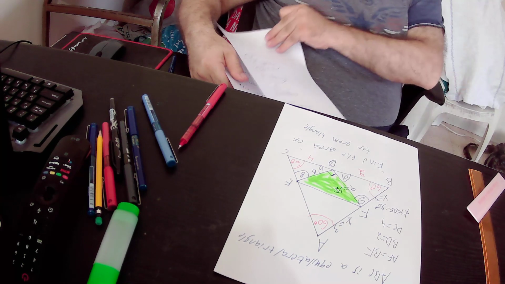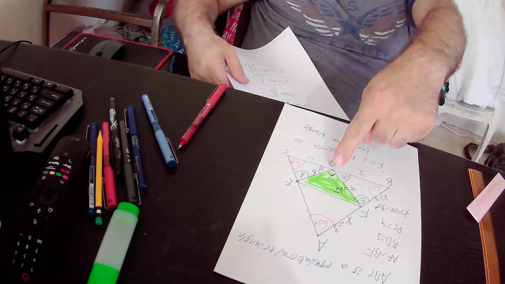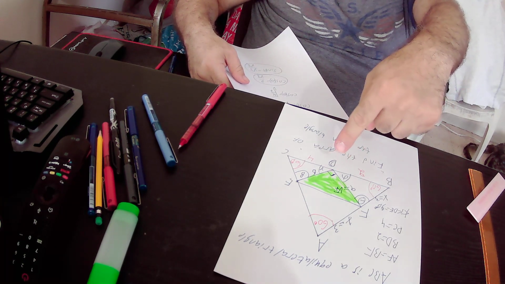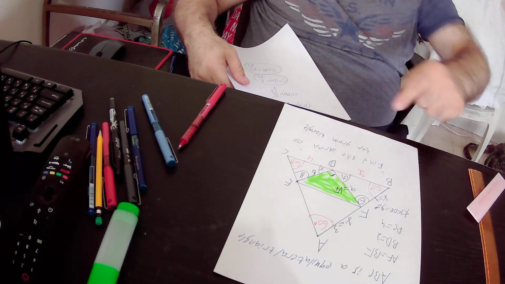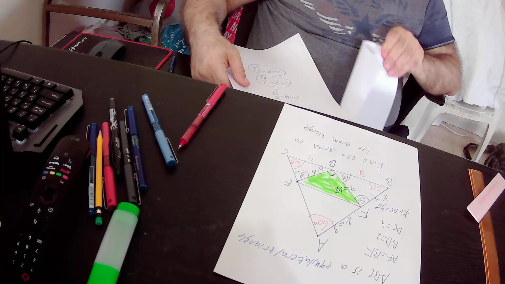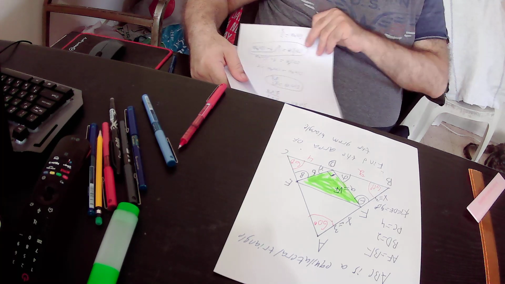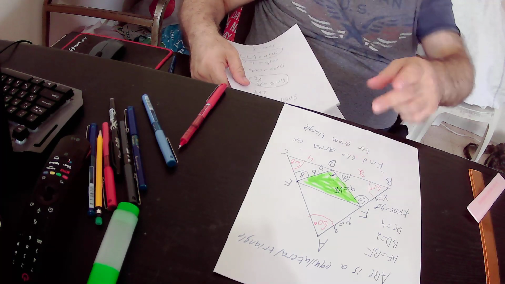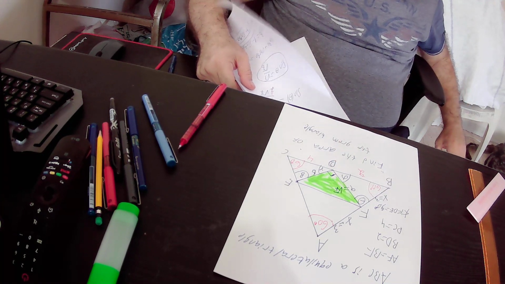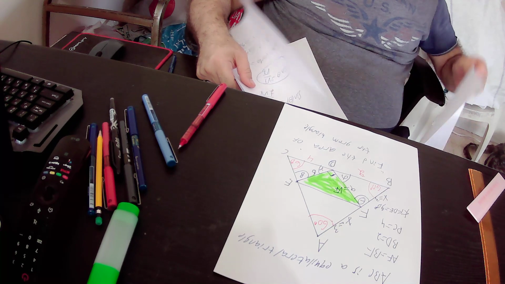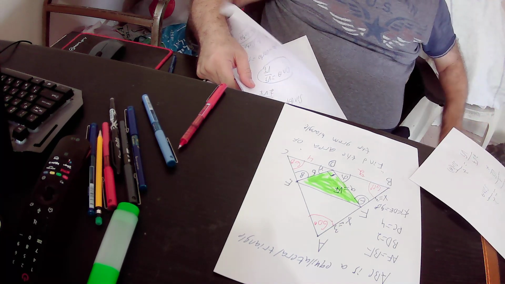We also know that angle EDF is a right angle, it equals 90 degrees, and we want to find out the area of the green triangle.